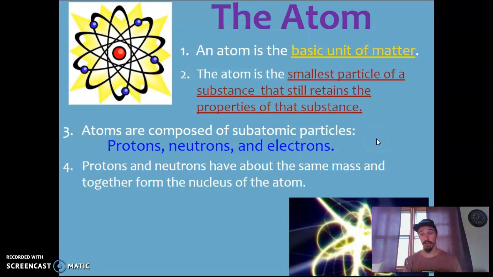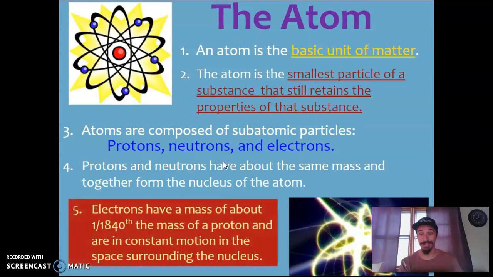Now, protons and neutrons are about the same size, and they come together to make the nucleus. The nucleus is this guy right here. It's the red central part of an atom. The middle is what the nucleus refers to. So protons and neutrons come together to live here in the atom. Now electrons are infinitely smaller than protons and neutrons.